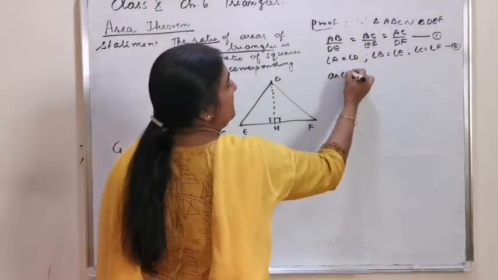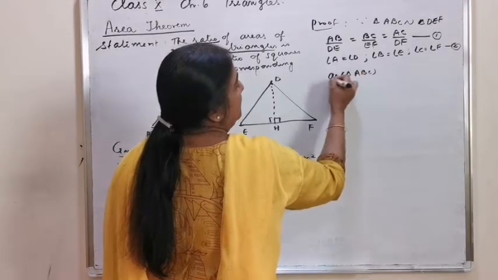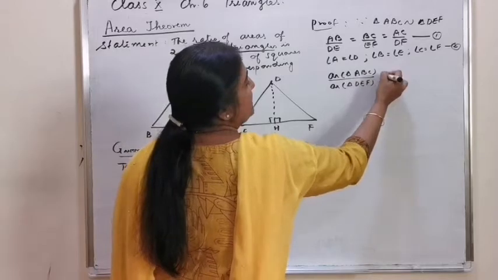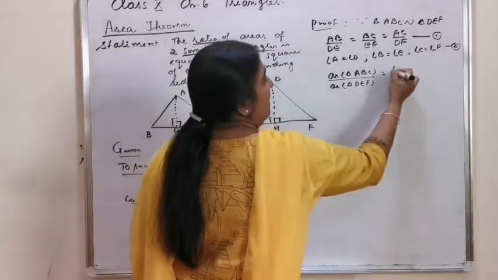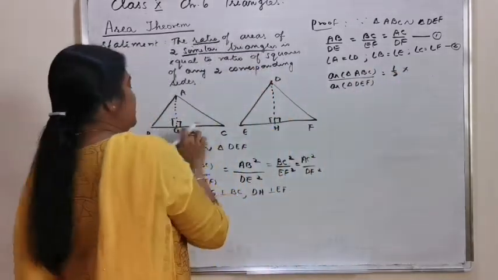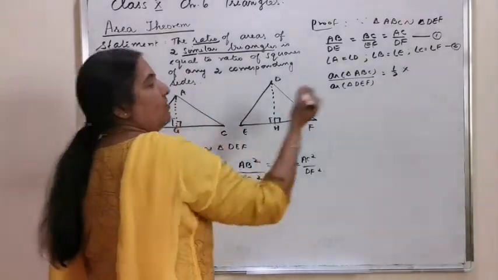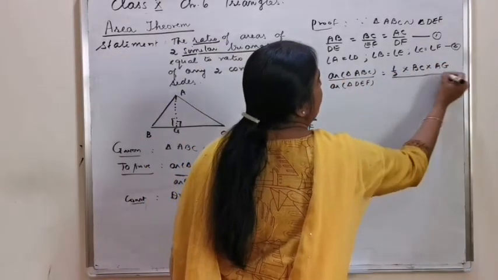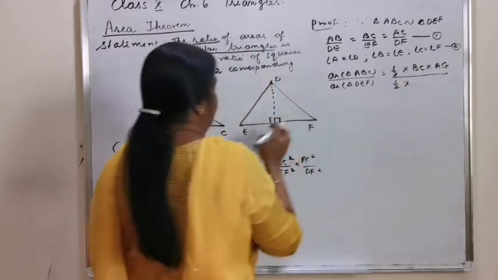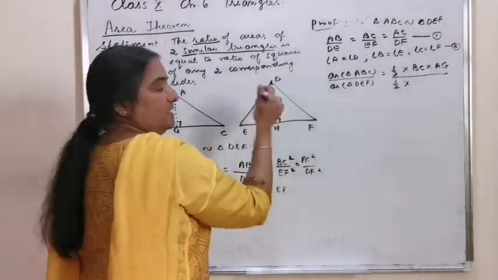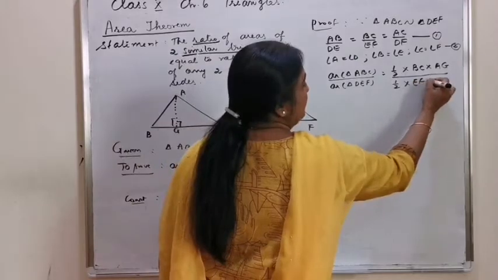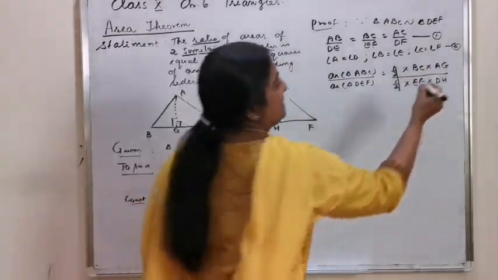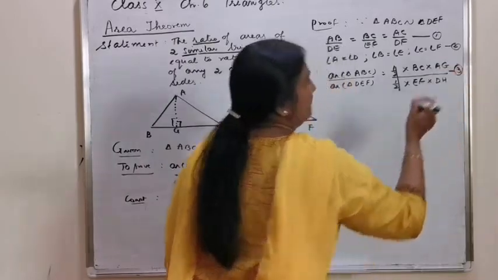Area of triangle ABC divided by area of triangle DEF is the same as half into base BC into corresponding altitude AG, divided by half into EF into its altitude DH. Let's mark it as equation number 3.